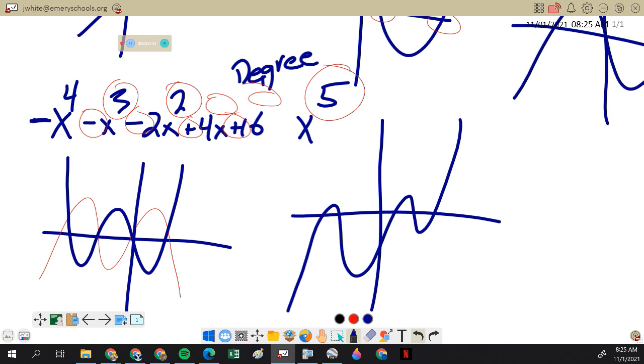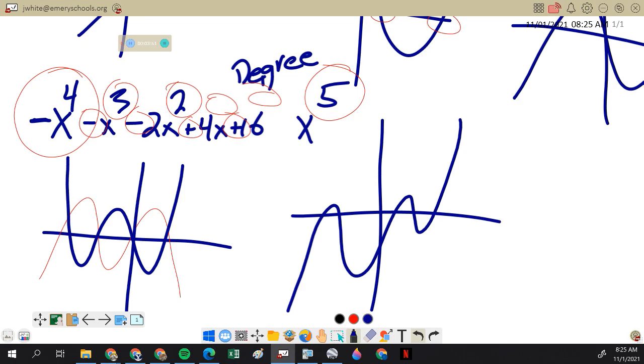Okay? So when we're looking at polynomials, this term is the most important when you're trying to determine the overall shape of a polynomial. The sign will tell you the direction it travels, and the exponent will tell you its shape.